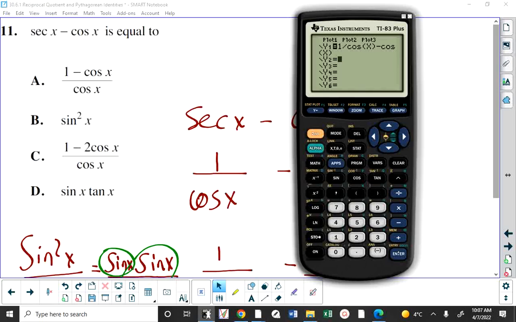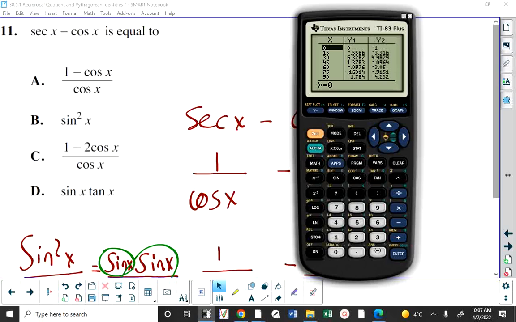And I'm not going to look at the graph because graphs can be deceiving here with this strategy. And then put in choice A, 1 minus 2 cos x, close bracket, divided by cos x. Go to your table. Well, the two things are not equal. So then go back and replace y2 with something else.